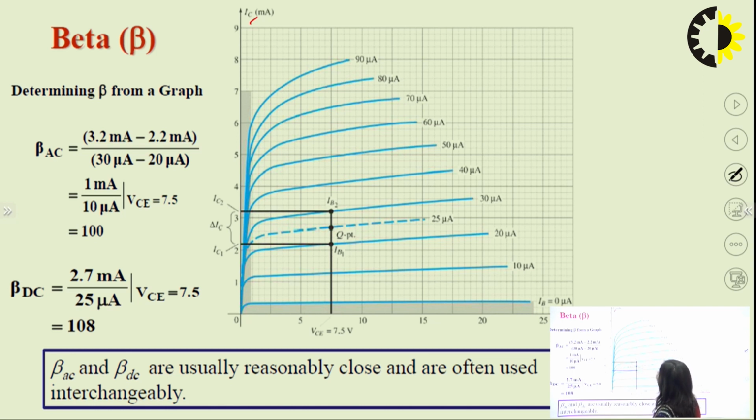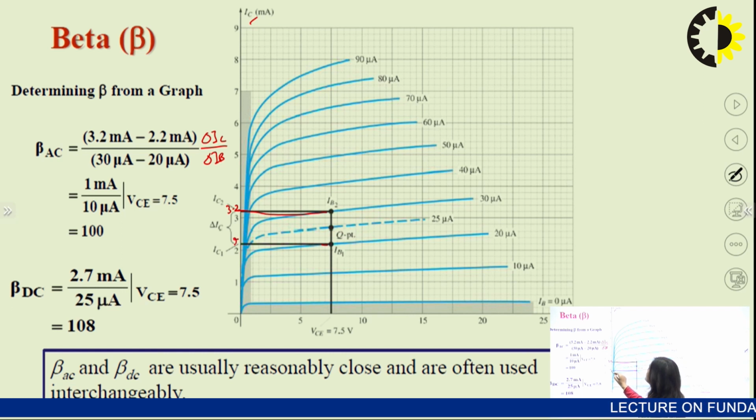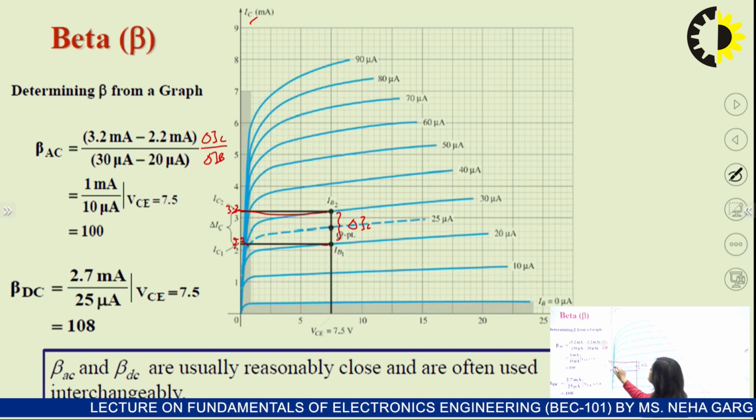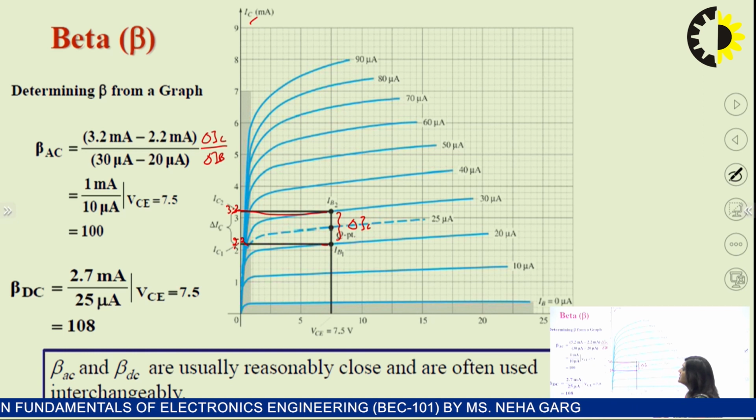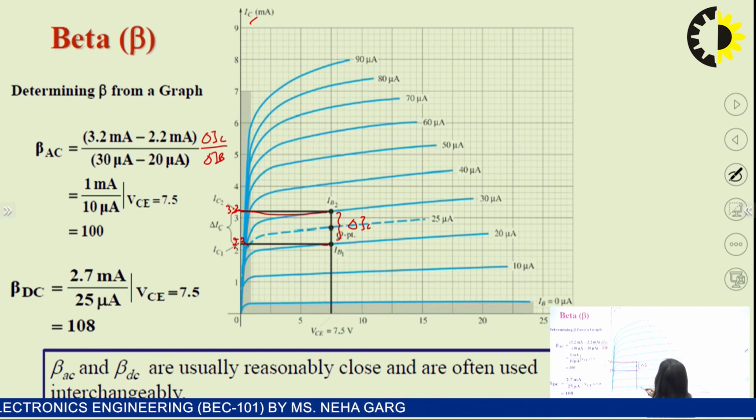Here we will find beta AC, which is equal to delta IC upon delta IB. If we take this point, this is 3.2, and this point is 2.2. This difference is delta IC, because this is IC2 and this is IC1, and delta IB is 30 microampere minus 20 microampere.